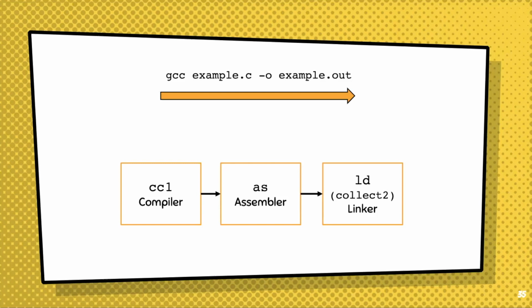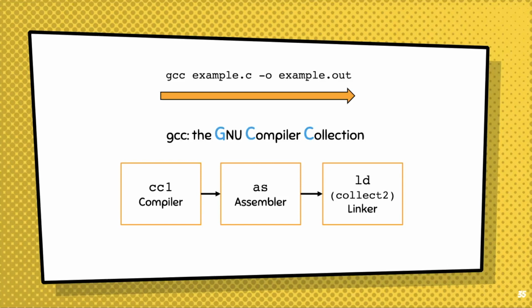And the third is LD, the linker, or sometimes collect2. LD has become integrated into a larger component with collect2, but essentially we can consider this as 3 steps: you compile it, you assemble it, and finally you link them. The tools for these 3 steps are called the compiler, assembler, and linker.